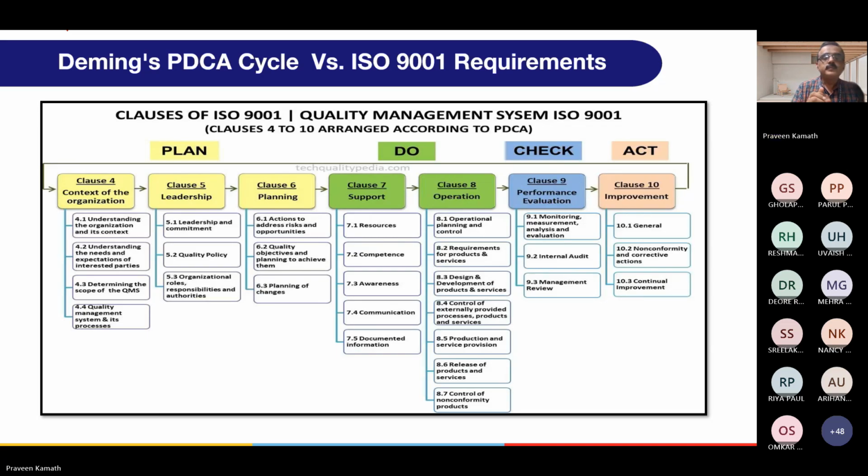Now, Deming's PDCA cycle: plan, do, check, and act, right? Under plan: context of the organization, leadership, planning. Under do: support, operation. Under check: performance evaluation. Under act: improvement.